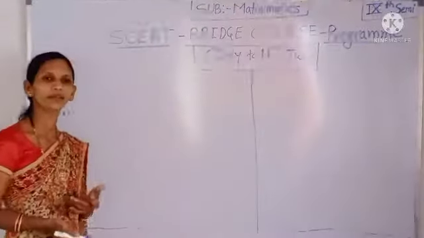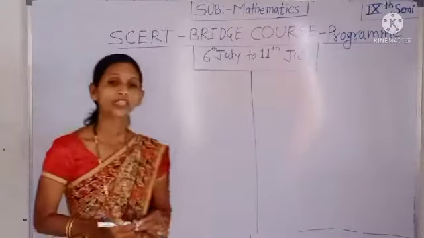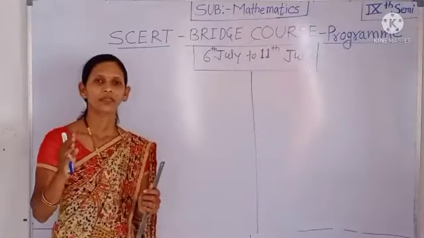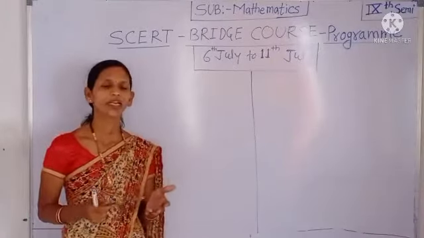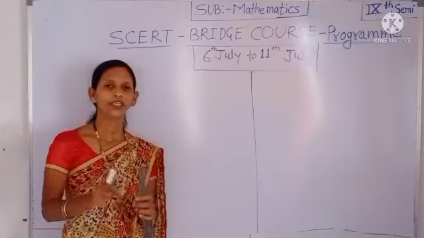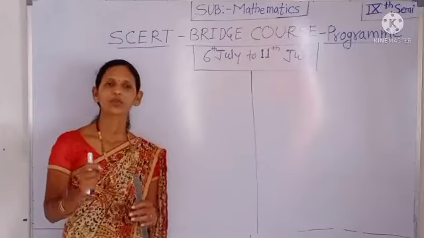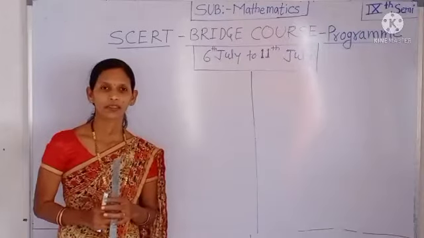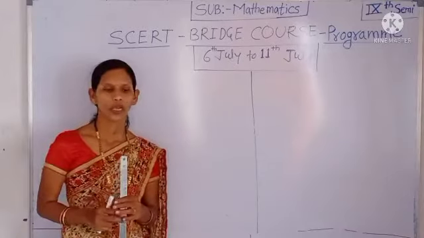you reminded yourself about parallel lines and the transversal, which makes 8 angles. Different types of angle pairs are formed by a transversal when it intersects two different lines at two distinct points: corresponding angles, interior angles, alternate angles and vertically opposite angles.